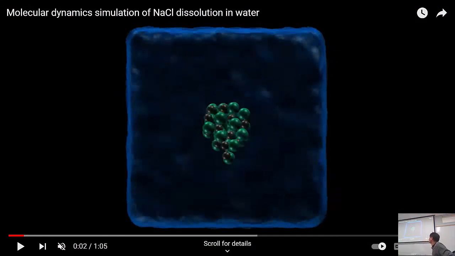So there's a small crystal of sodium chloride. You can see its lattice structure, just alternating. The sodiums are these dark ones, the chlorides are the green ones here. There's some temperature here, so there's some vibration.